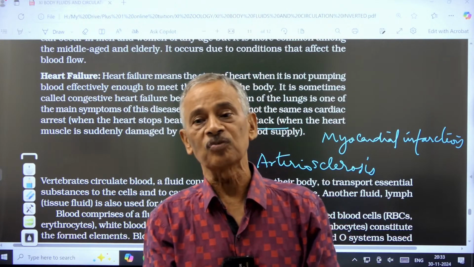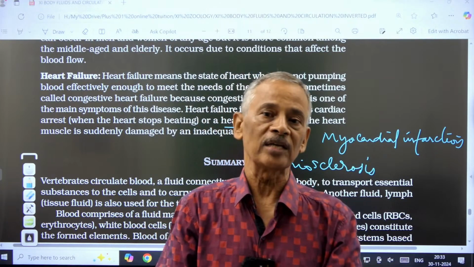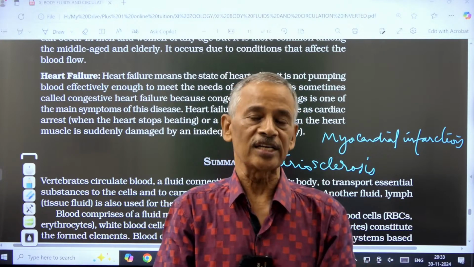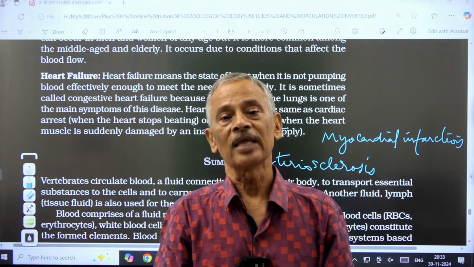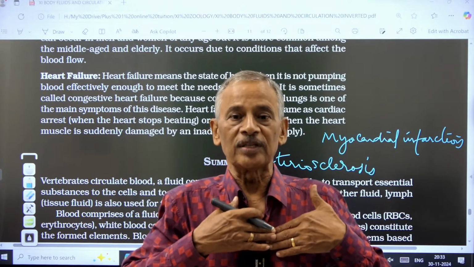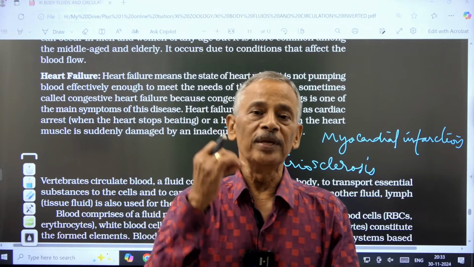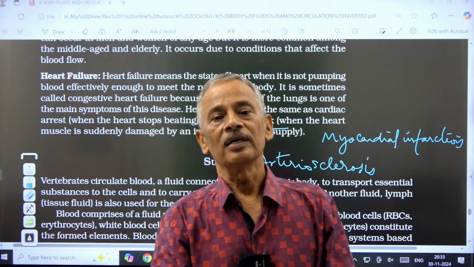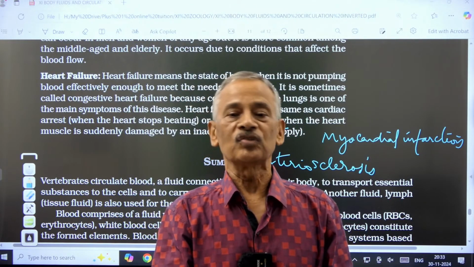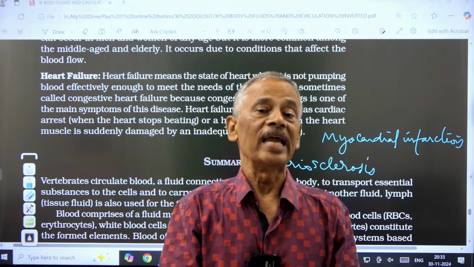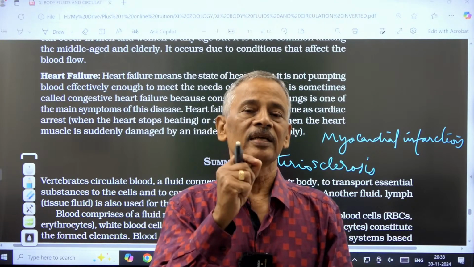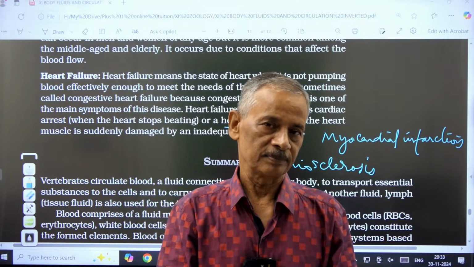That artificial pacemaker contains a lithium battery, a pulse generator, etc., which is kept in the chest region, and its electrode will be placed in the position of the atrial wall, exactly in the SA node position.